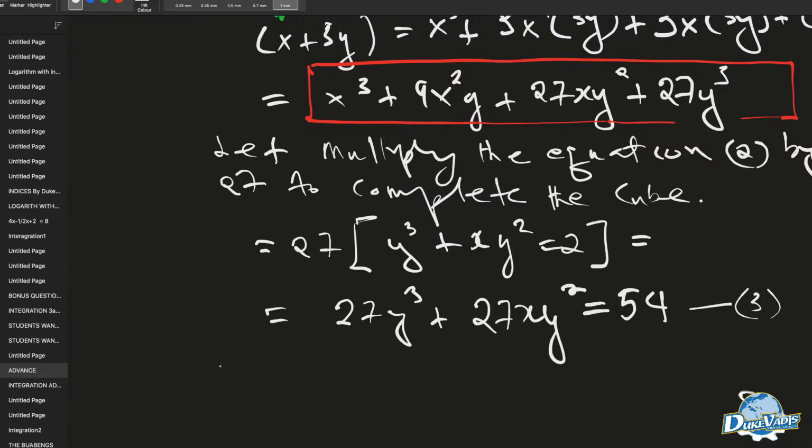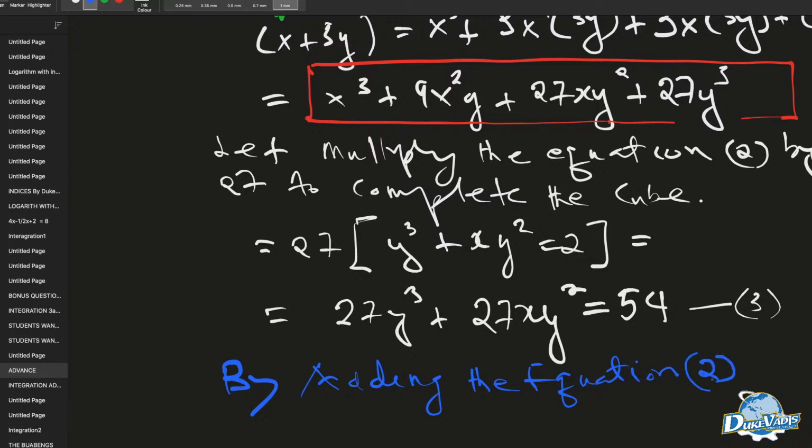Now, by adding equation 1 and 3, let's add 1 and 3.